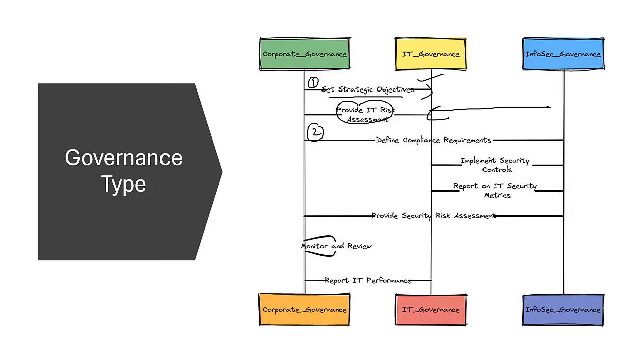Information security governance and IT implement the security controls. Information security governance reports to the CIO on IT security metrics. They do the risk assessment end to end to make sure things are working correctly, so that they get reports on a regular basis, and they also report the IT performance. So this is basically the overall picture of governance.